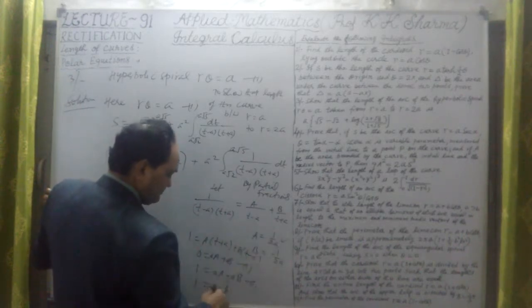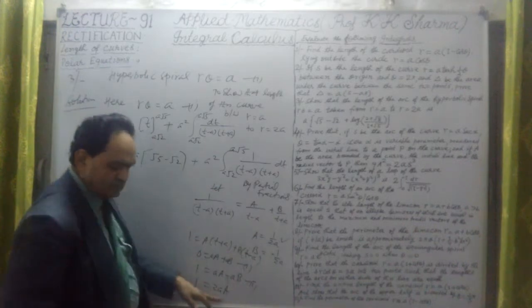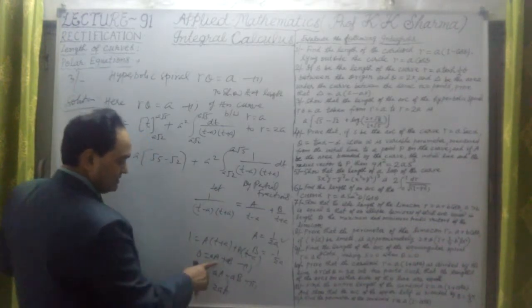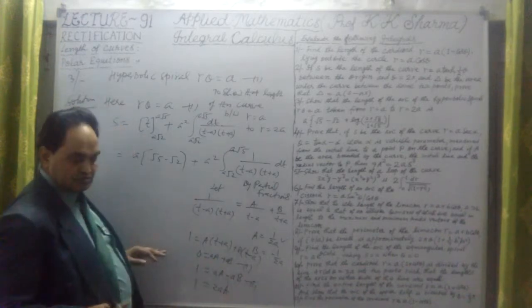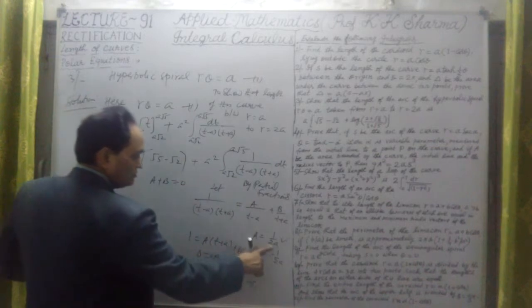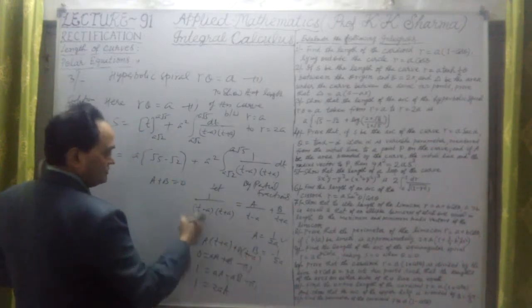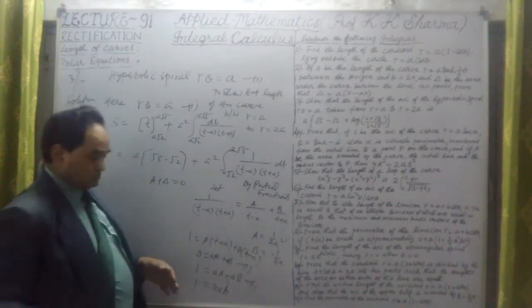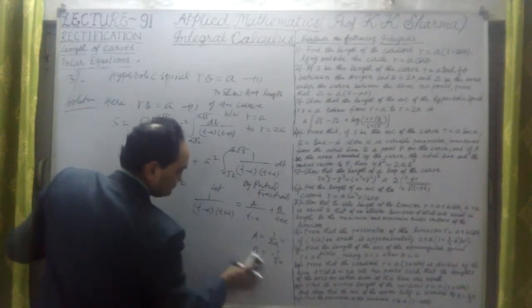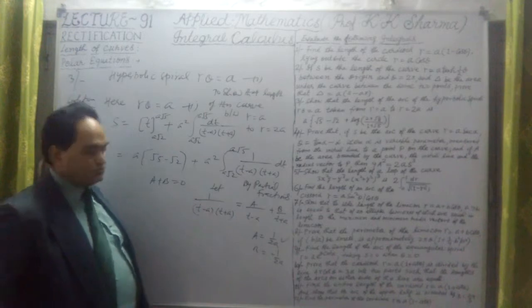This is right. If I put this value of A, 1 upon 2a, in the first equation, A plus B equal to 0, then B equals minus 1 upon 2a. Simple. That is another method. So with the help of these two methods, we have calculated the coefficient values.